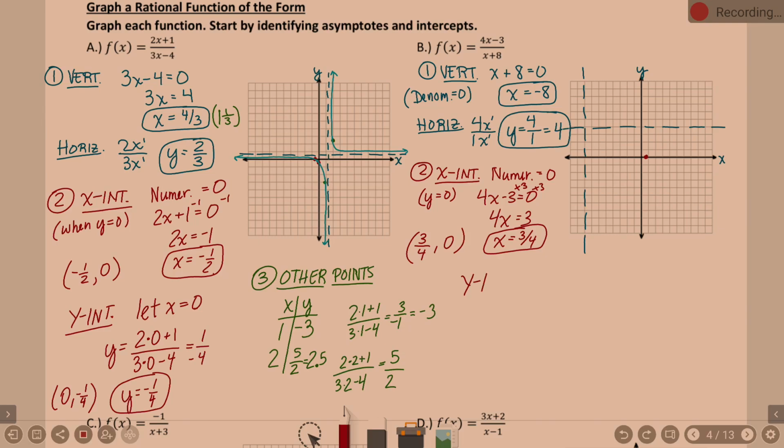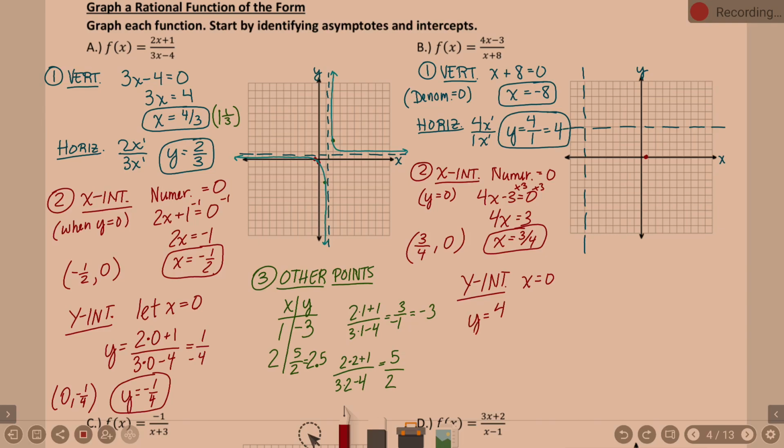What about when do y-intercepts happen? Let x be 0. Okay, y-intercepts happen when x is 0. So go to your original problem.